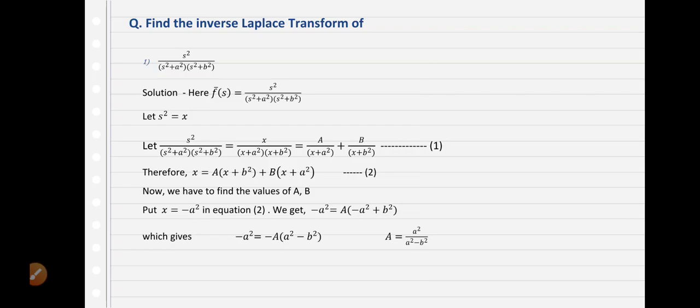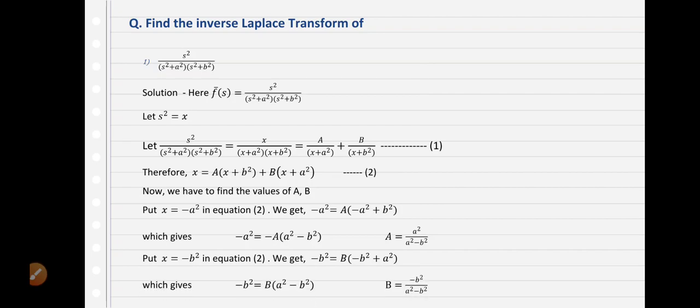In the same way we have to find the value of the second constant, capital B. So for this put x equal to minus b square in equation 2. Simplifying this you will get capital B equal to minus b square upon (a square minus b square).